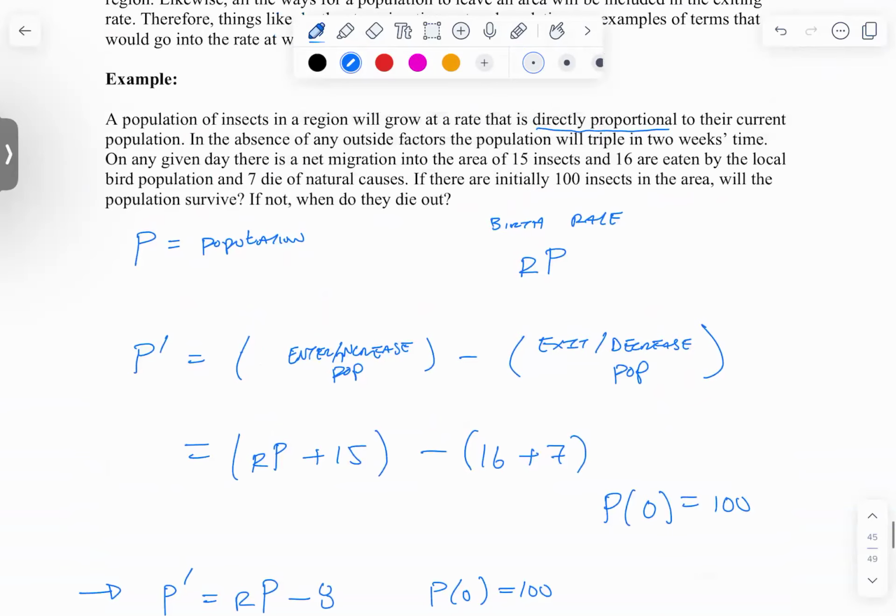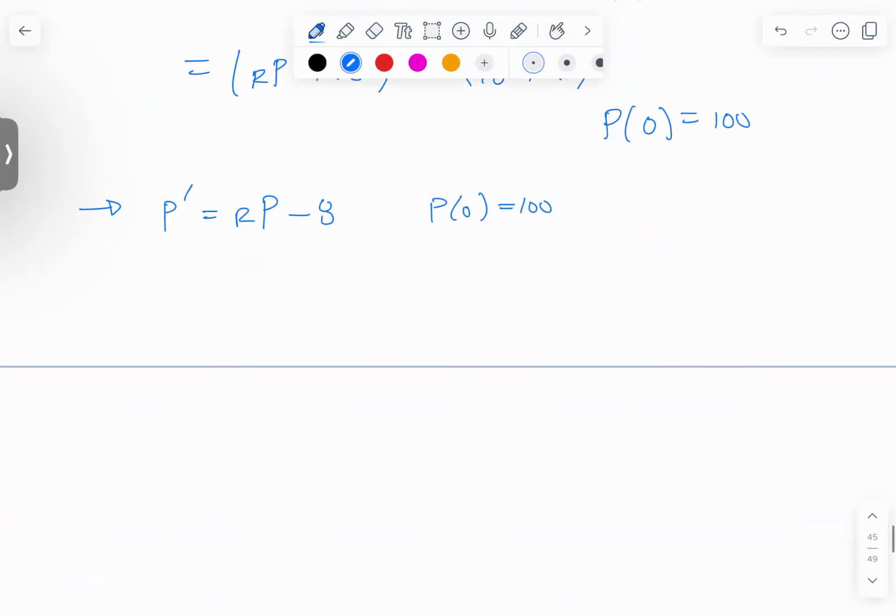Now you're absolutely correct. So I have that in the absence of any outside factors. What does that mean we're going to ignore? The birds, predators.